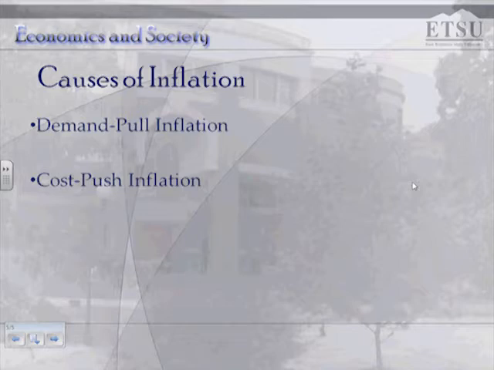Those real relationships seem to stay pretty consistent over time, and increases in the money supply are what are responsible for inflation.